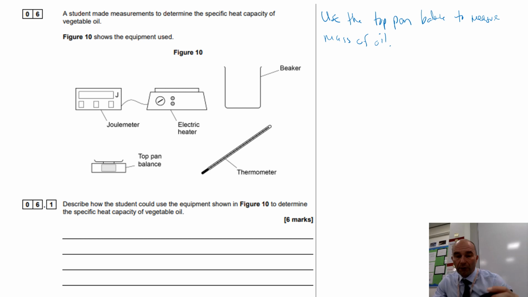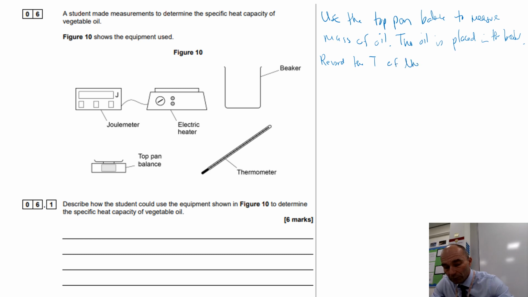I'm hoping you write this a lot more neater than I do. And that oil is placed in the beaker. We then need to record the temperature of the oil using a thermometer.